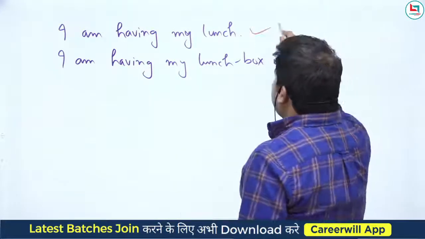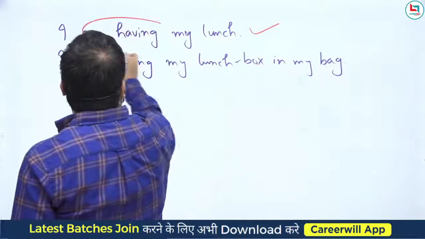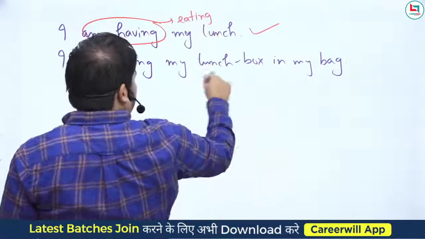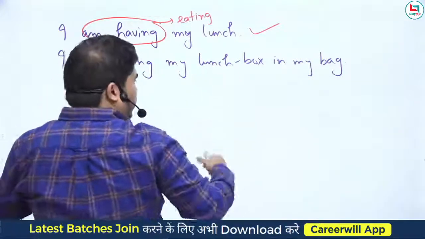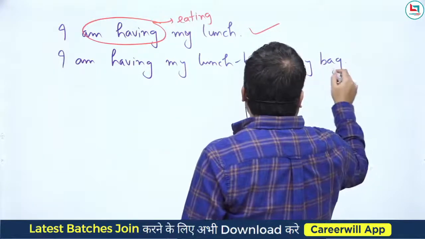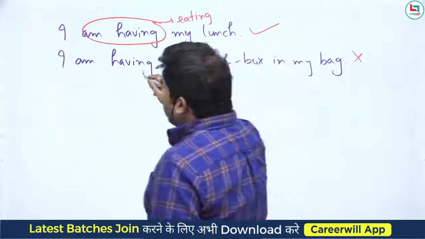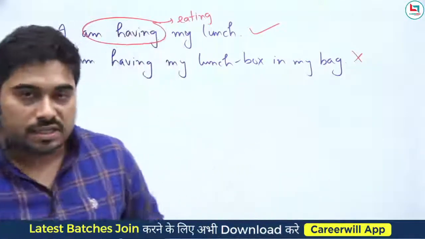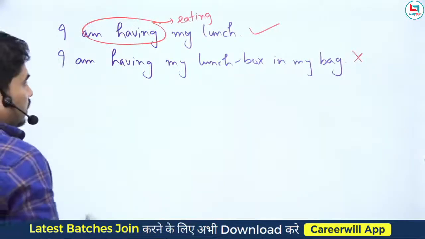Because here, whenever I'm using I am having my lunch means what? I am eating my lunch. But when you are literally using this particular verb for possess, for possession, कि आपका लंच बॉक्स आपके बैग में है, तो वहां पे आप आईएनजी नहीं लगा सकते, या मैं अपना लंच बॉक्स अपने बैग में रख रहा हूं या कुछ भी ऐसा. That is incorrect. That is incorrect.